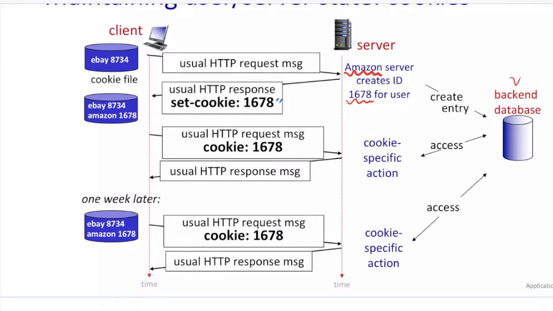For example, in a backend database, it creates an entry for this specific client with the token 1678 and stores that information.